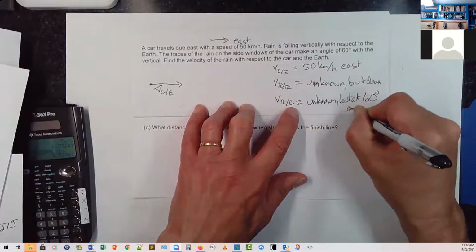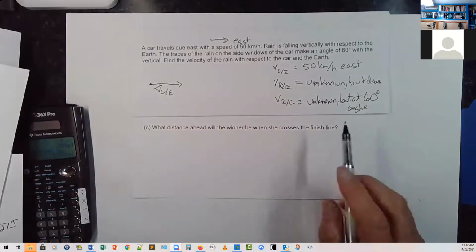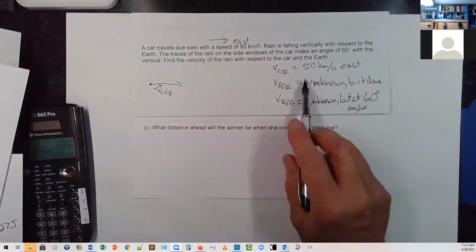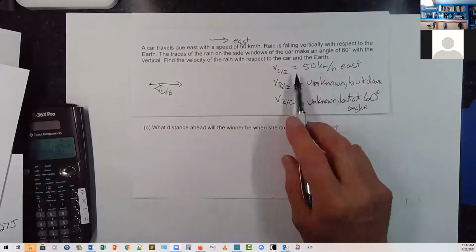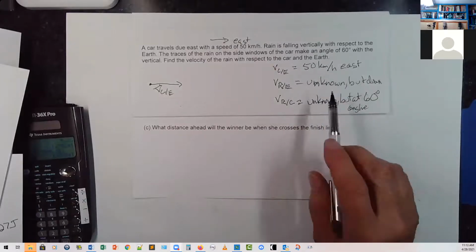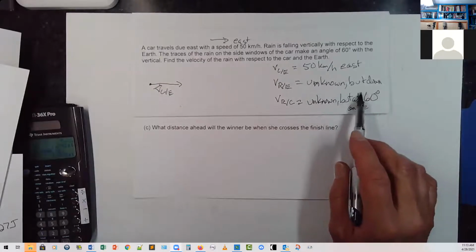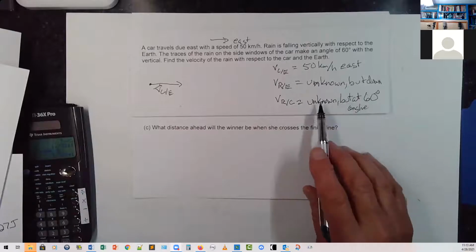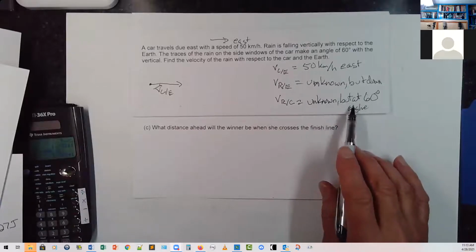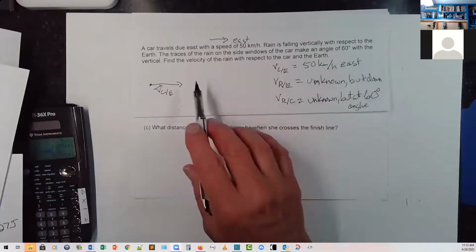So this is kind of a weird problem. We happen to know one of the velocities and its direction. The other two, we don't know the speeds, but we do know their directions. The rain is falling straight down. And to somebody in the car, it looks like it makes a 60-degree angle with the vertical.